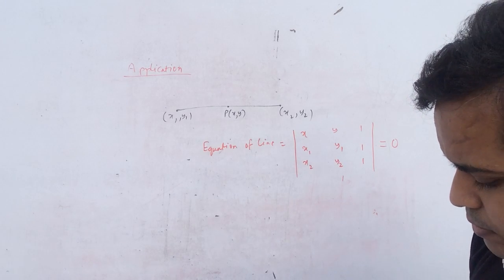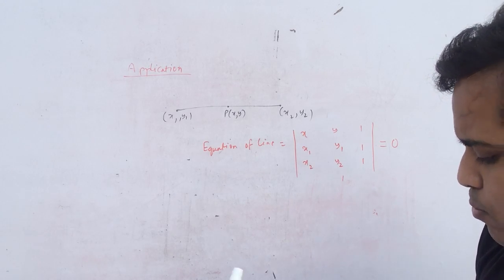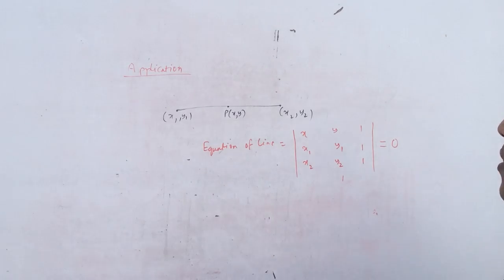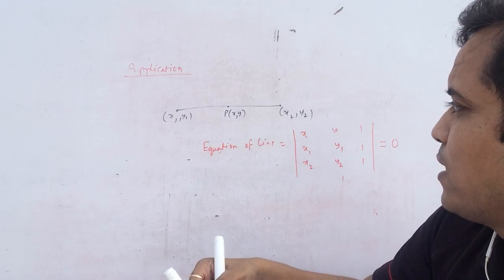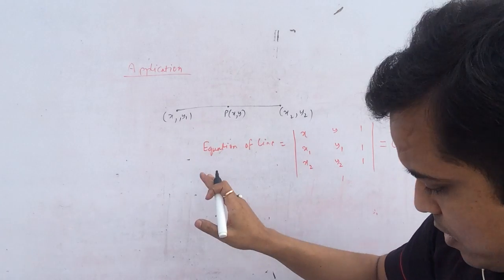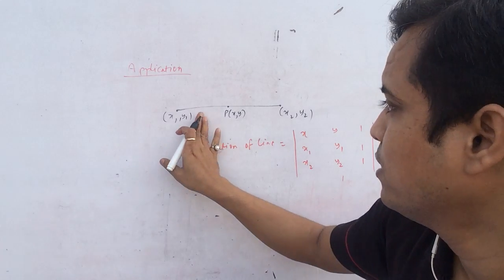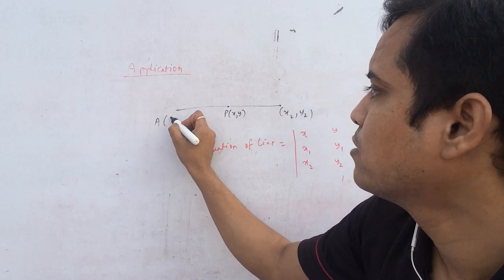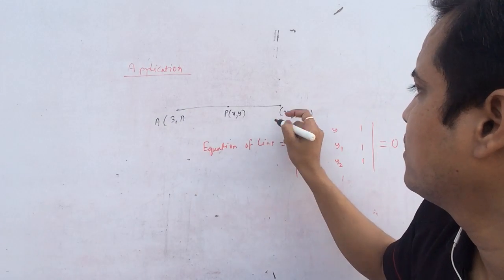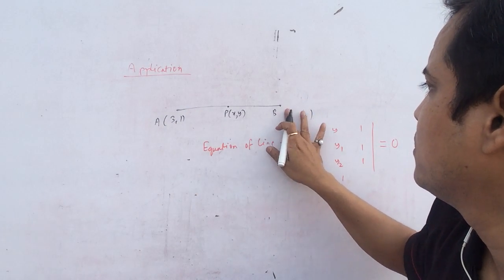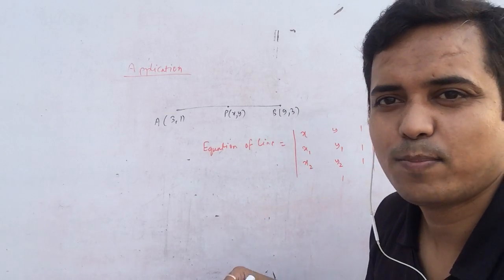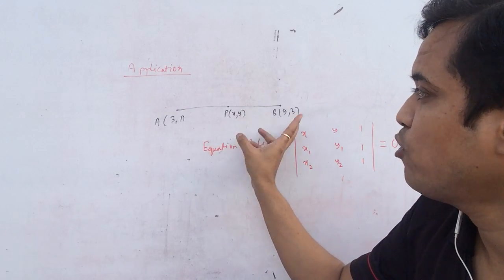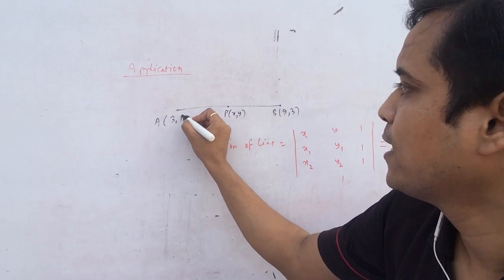The question: find the equation of the straight line passing through the points A(3,1) and B(9,3). Suppose P(x, y) is a point on the line joining AB.